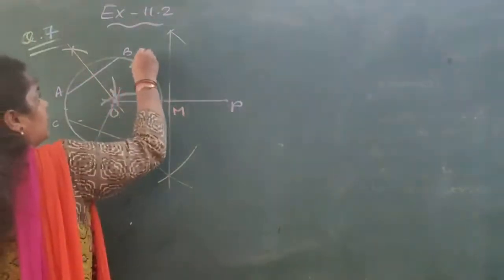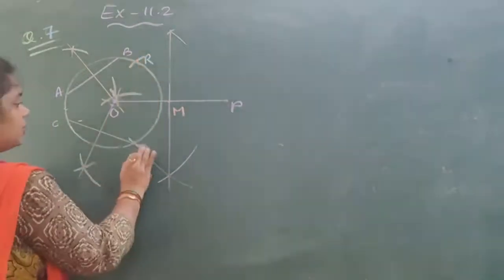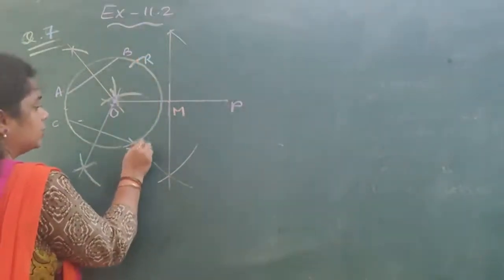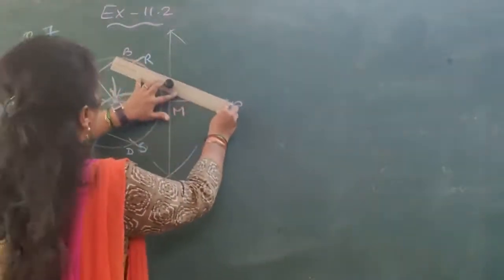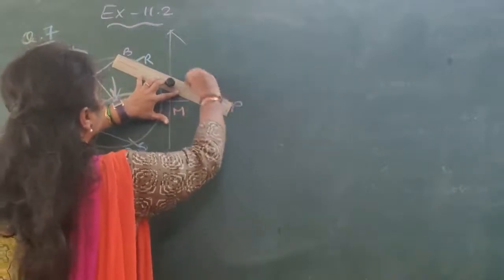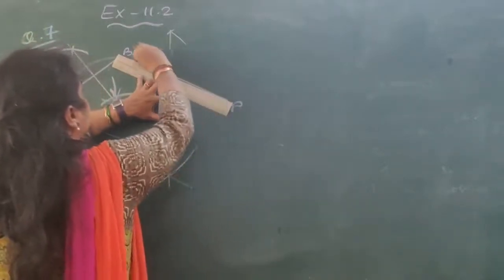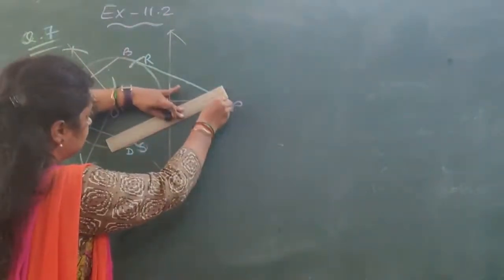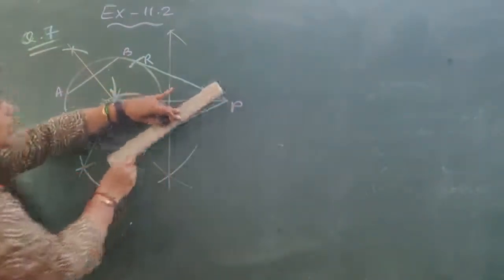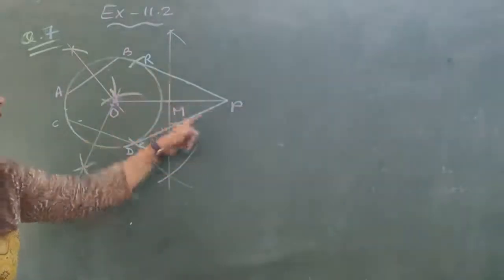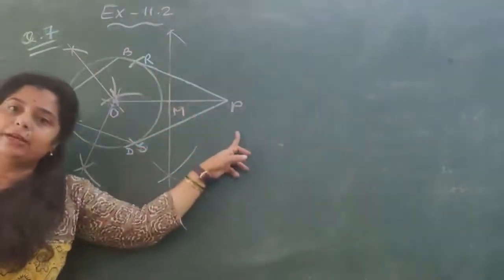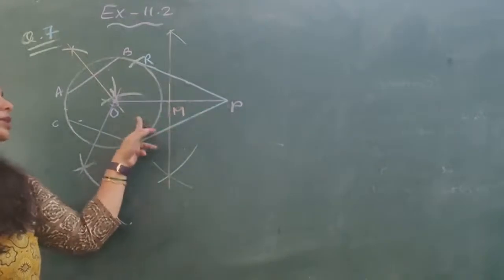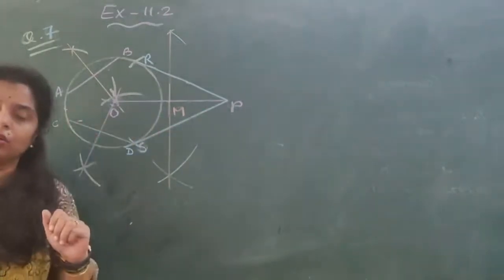So here I can give the names R and S. So when I join PR and PS, these are the two tangents PR and PS from the outside point P to the circle having center O.